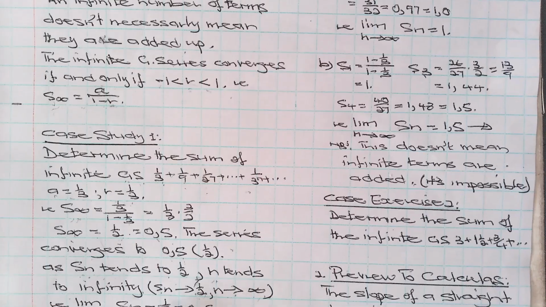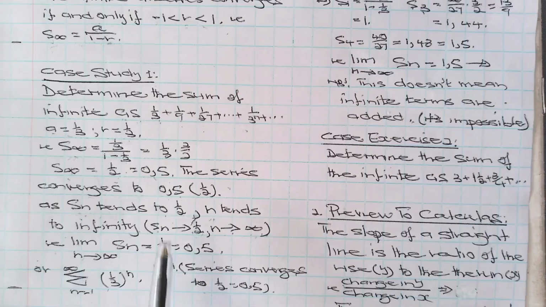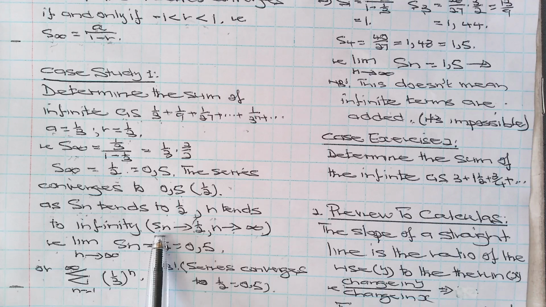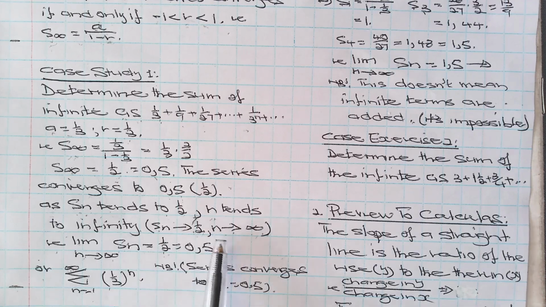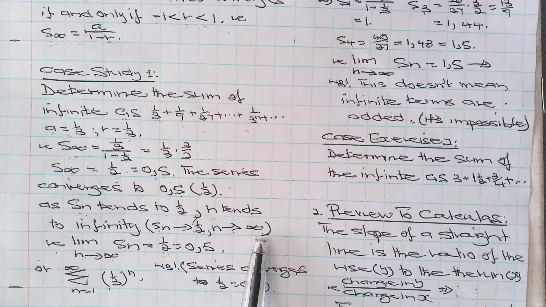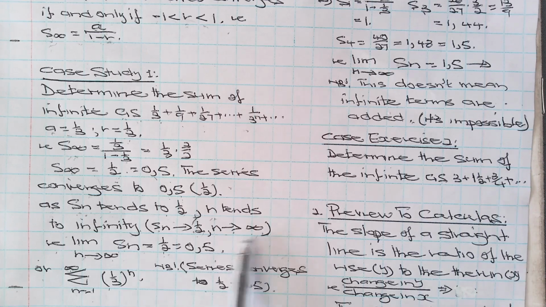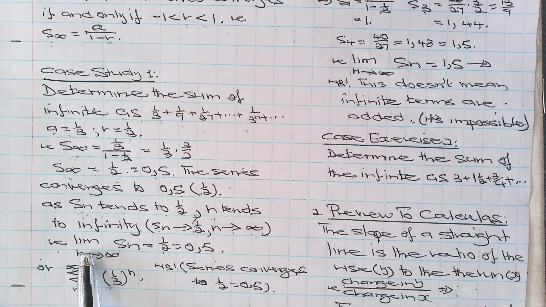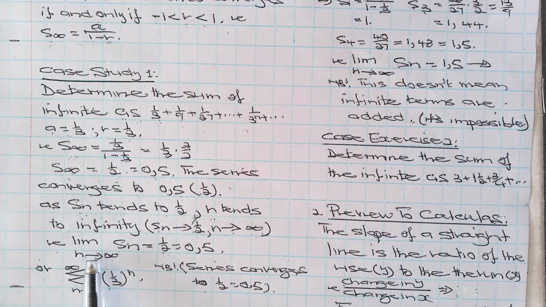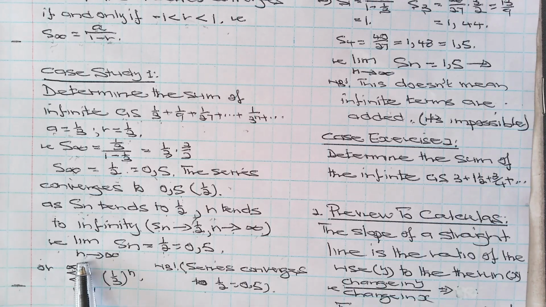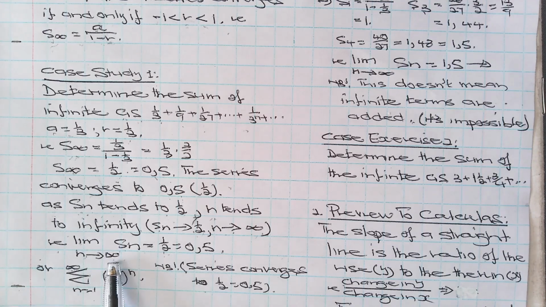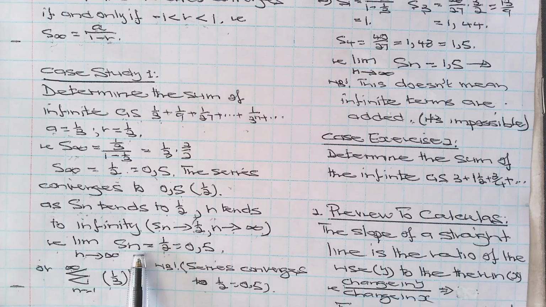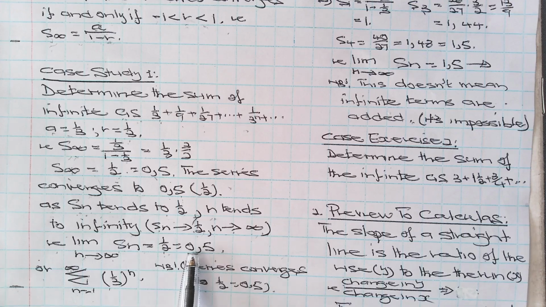Algebraically, it means the sum of the number of terms tends to half as the number of terms tends to infinity. This means the limit as n tends to infinity of the sum of n terms is half.